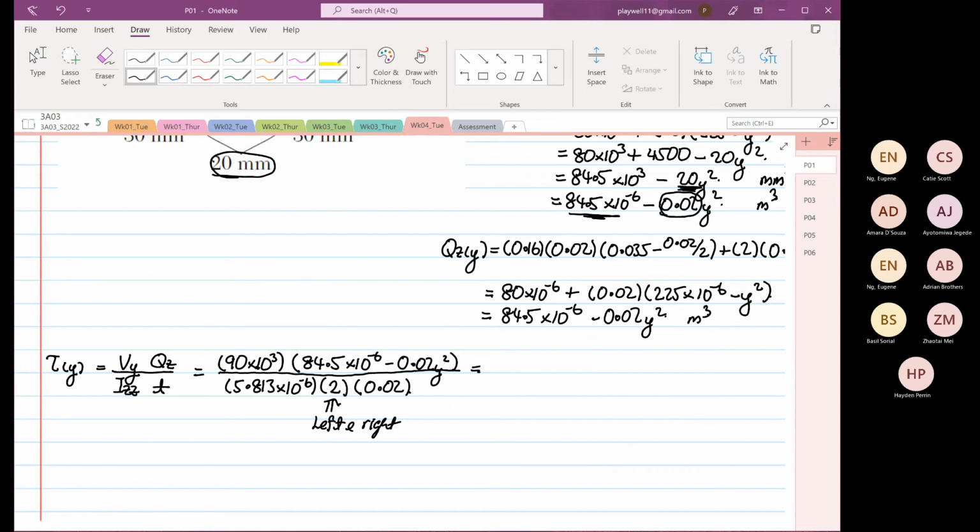So you get 32.707 times 10 to the power 6 minus 84.5 power minus 6 times 0.02, 7.741 times 10 to the power 9 y squared. Okay, so that is the distribution equation, right?